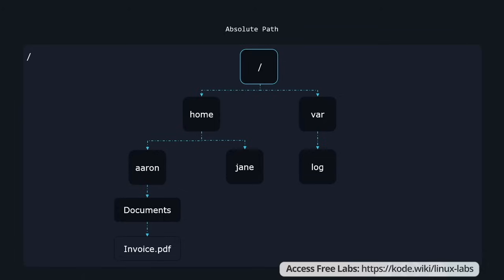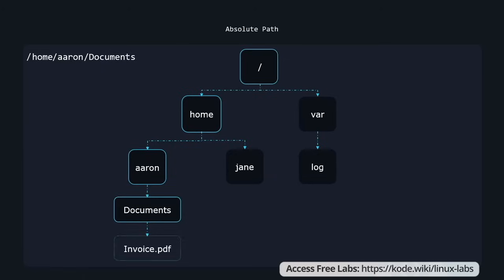Absolute paths always start out with the root directory represented by /. Then we specify the subdirectories we want to descend into. In this case, first home, then aaron, then documents. And we can see the subdirectory names are separated by a /. Finally, we get to the file we want to access, which is invoice.pdf.